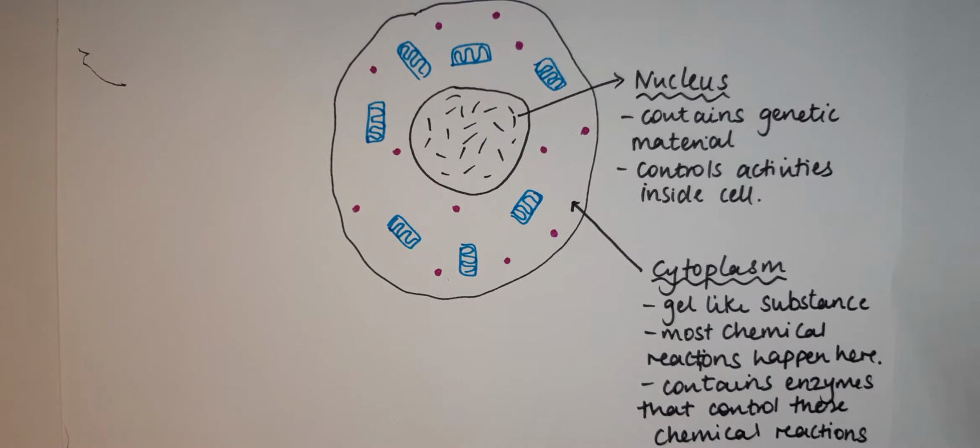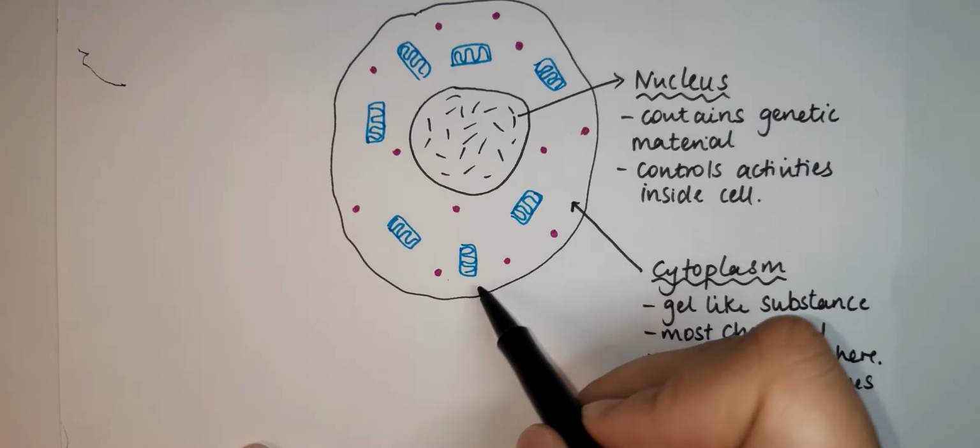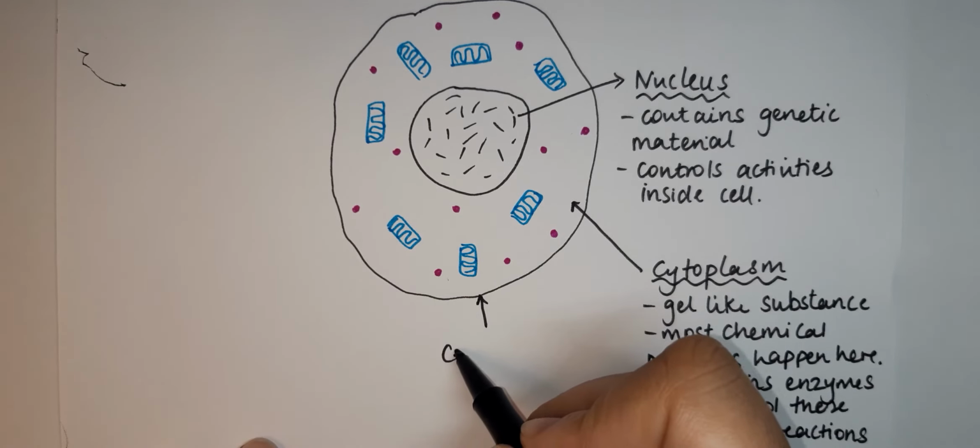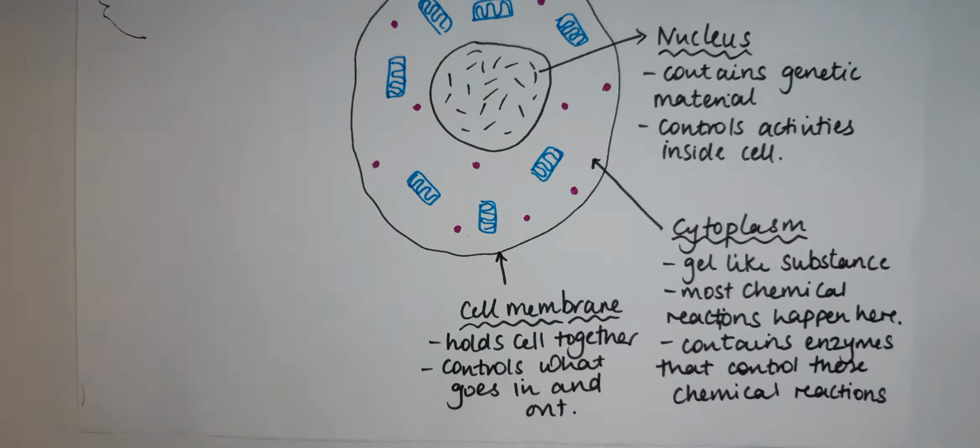So now we've looked at the nucleus and the cytoplasm as the first two subcellular structures of an animal cell. The next thing we'll look at is the cell membrane. This holds the cell together and controls what goes in and out. The cell membrane is this part here, just the outside. So there we have the cell membrane.